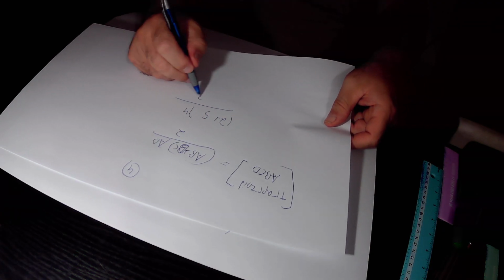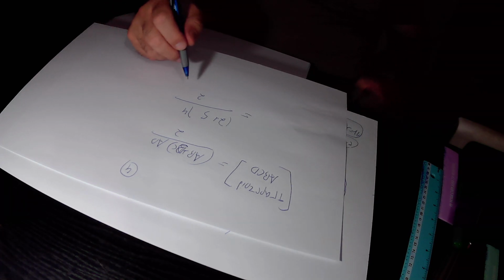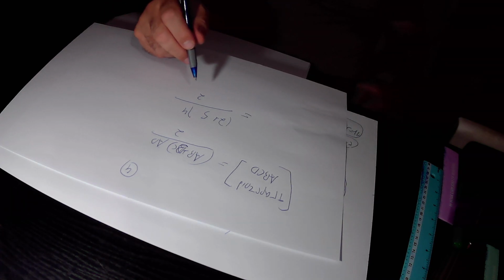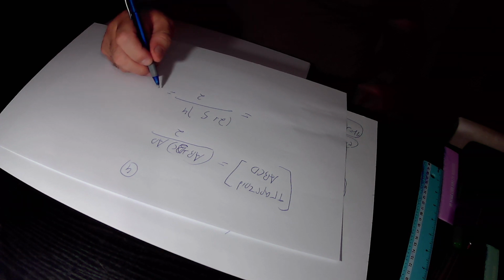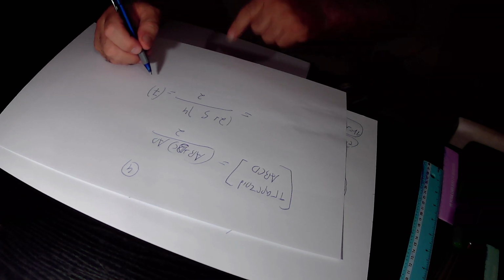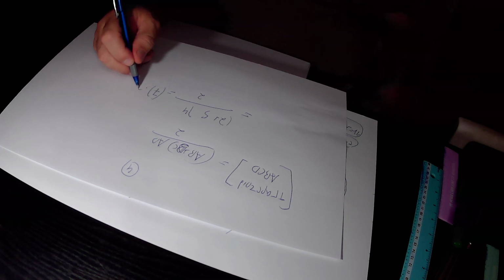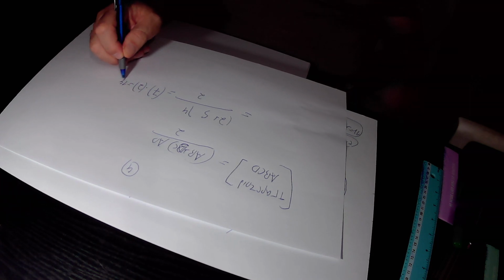Divided by 2. So in total we should find that the area of trapezoid ABCD equals 2 plus 5 times 4 over 2. 2 plus 5 is 7, and 4 over 2 is 2. So in total this expression equals 7 times 2, that is 14 square units.